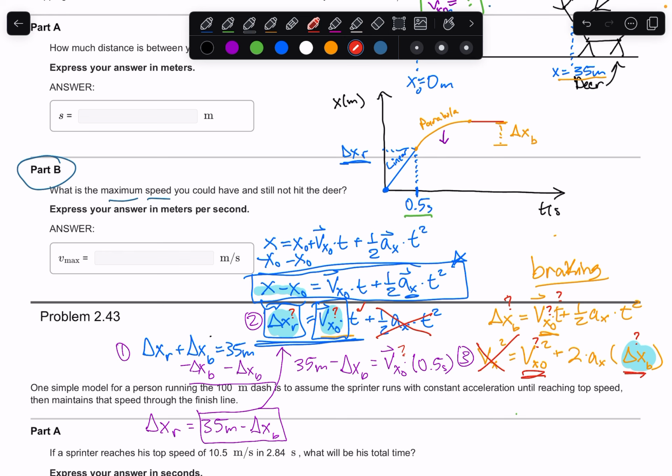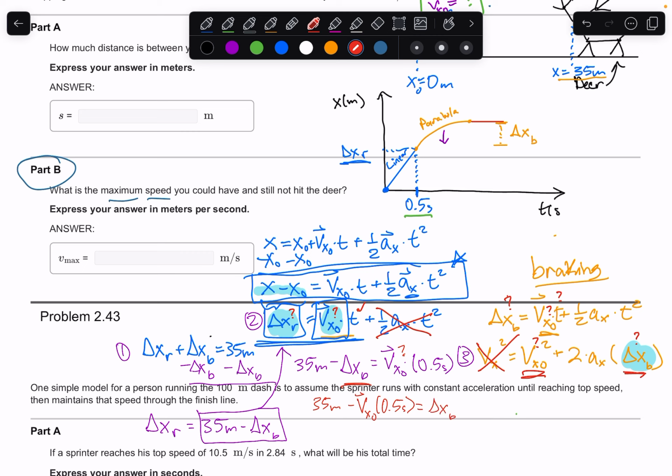So this equation right here, I'm going to solve for delta x braking. So I'm going to add it over to the other side, and I'm going to subtract the Vx initial over to that 35. So 35 meters minus Vx initial times 0.5 seconds is equal to, I would have added delta x braking to the other side.